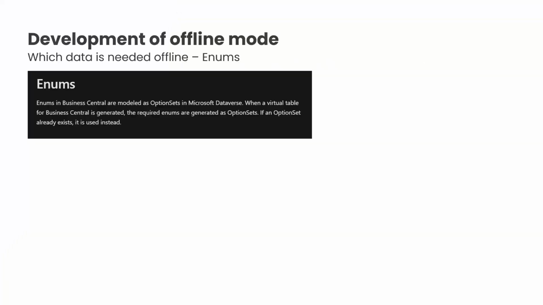From the Microsoft documentation, enums in Business Central are modeled as option sets. So they are not a separate virtual table. They are just modeled to be option sets.